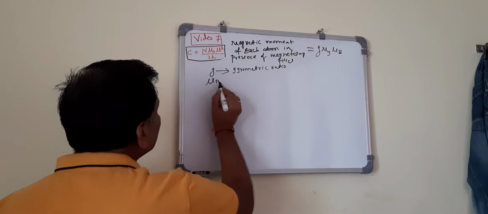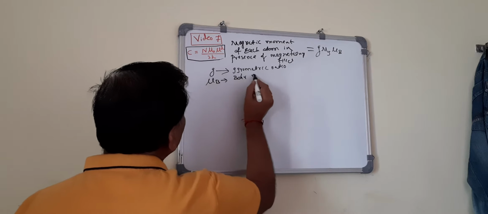What is mu B? It is called the Bohr magneton.